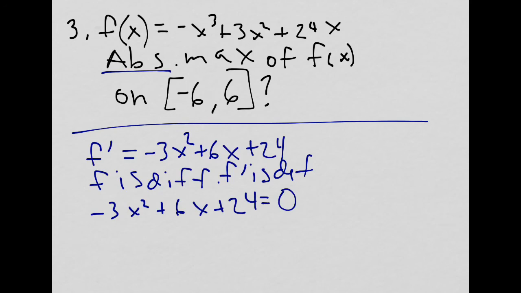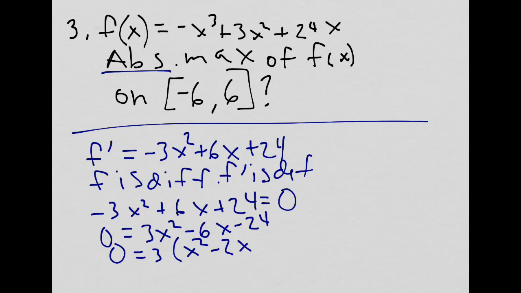Well, if I set this equal to 0, best way to solve this is divide over all of these terms and factor out a 3. So that way 3 I know doesn't equal 0, but I can easily factor this. X squared minus 2x minus 8.